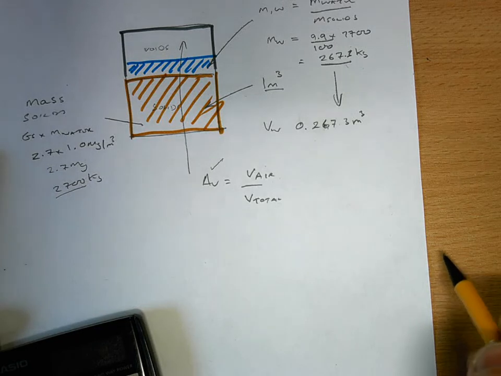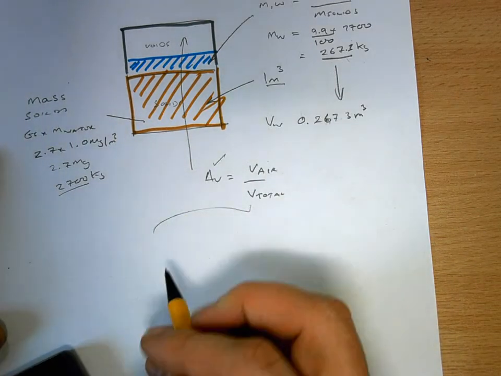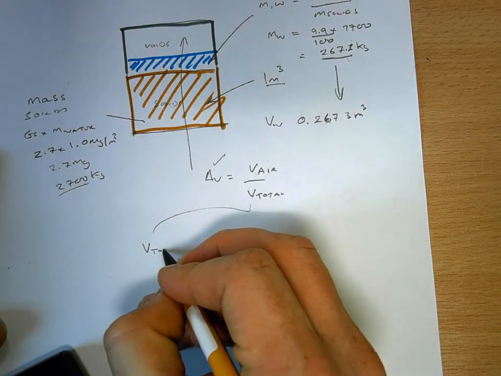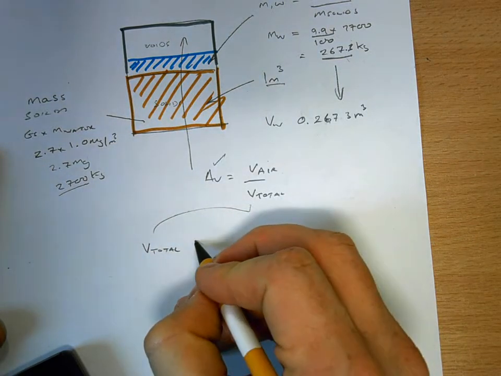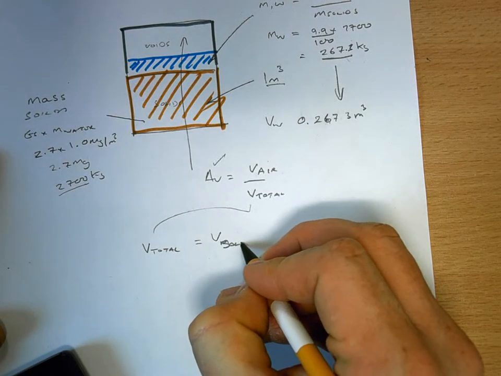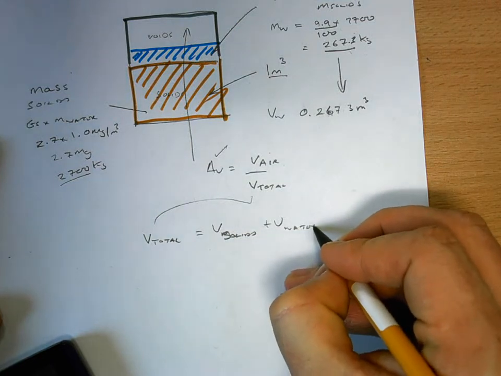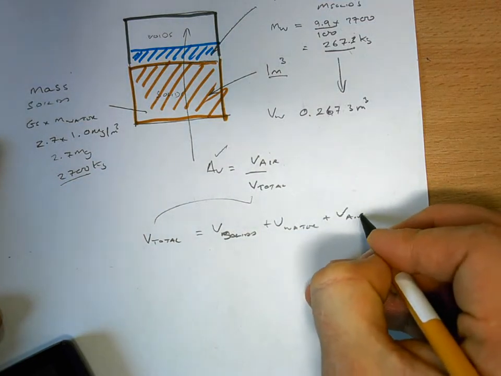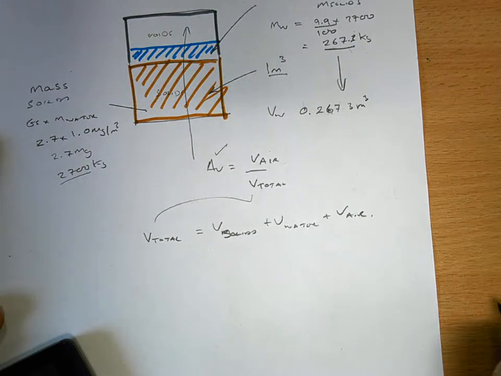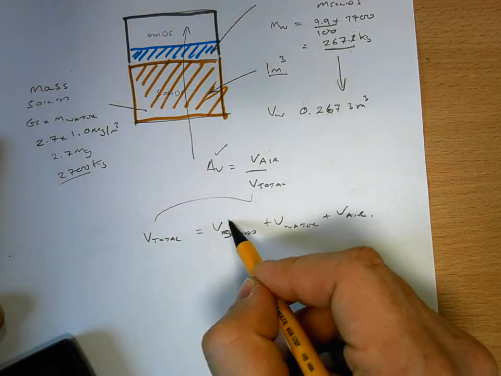Okay, so let's think a little bit more about our total volume. Well, we know it's made up of the volume of the solids plus the volume of water plus the volume of air. So we know the volume of solids because we've got that.